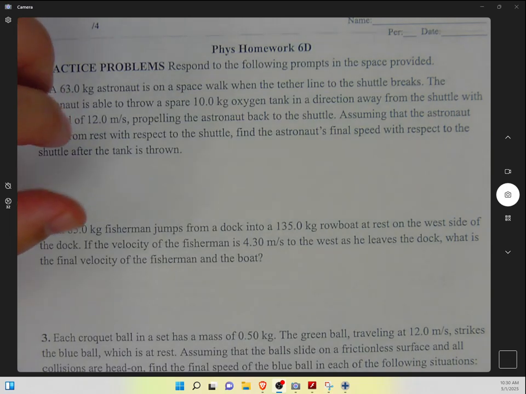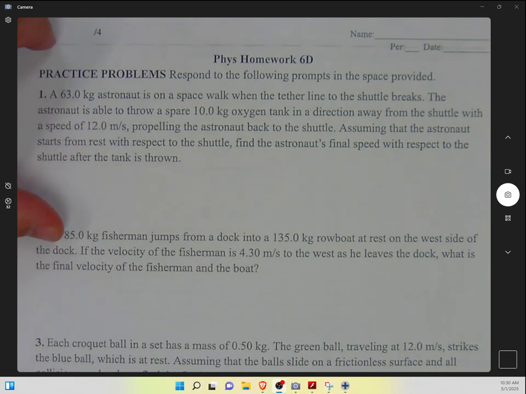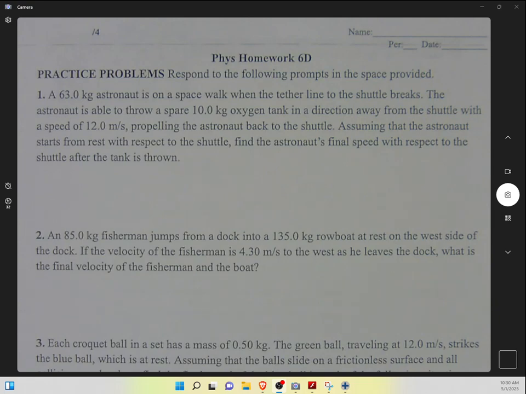Okay, so we have a couple of things to consider here. We are still thinking about conservation of momentum. We're looking a little bit more in the realm of that bumper car scenario that we considered yesterday, but this is actually going to be the opposite of that. As opposed to two objects having some momentum and then coming into contact, here we basically have an astronaut throwing a tank to generate momentum in the other direction, right?